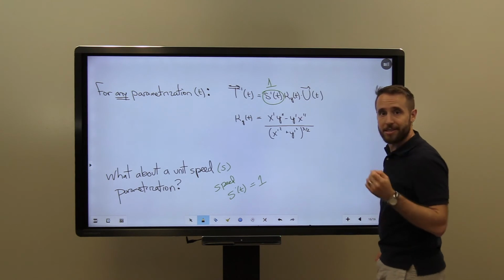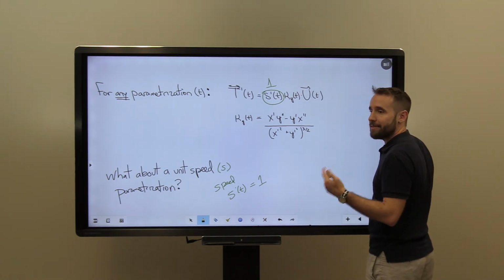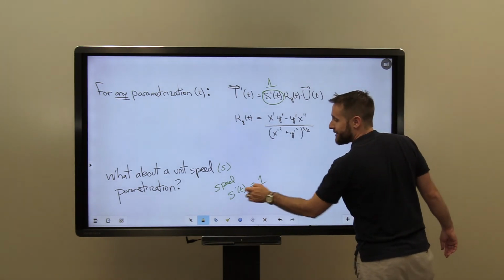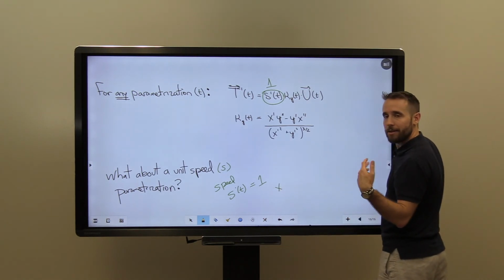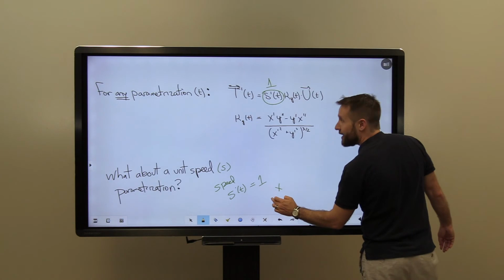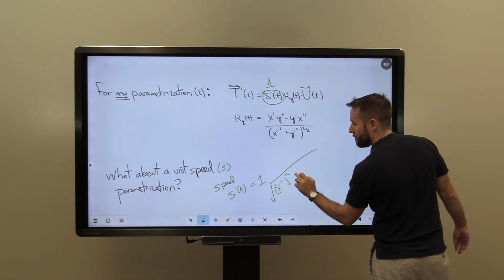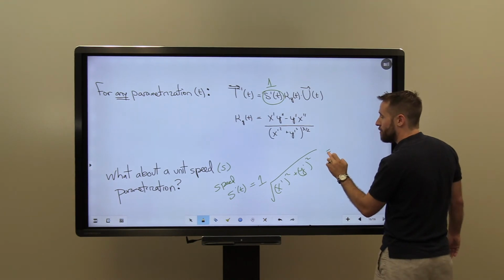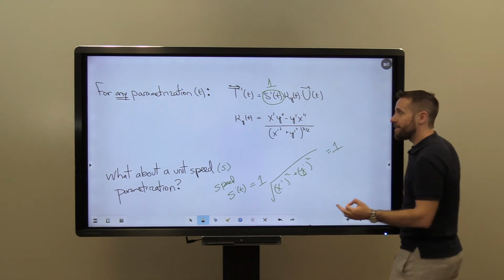Secondly, though, the speed is determined as the norm of the velocity vector, and the velocity vector was x prime comma y prime. So not only is this equal to 1, but the norm of the velocity vector, and as a reminder, that would be the square root of x prime squared plus y prime squared, will also equal 1. And how does that affect us up here? Well, that is exactly the denominator.